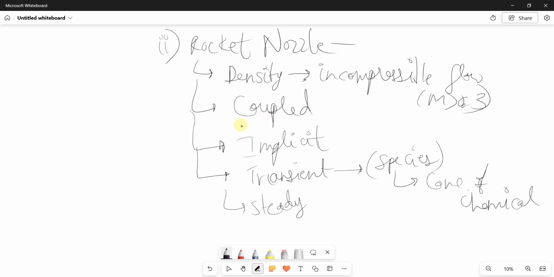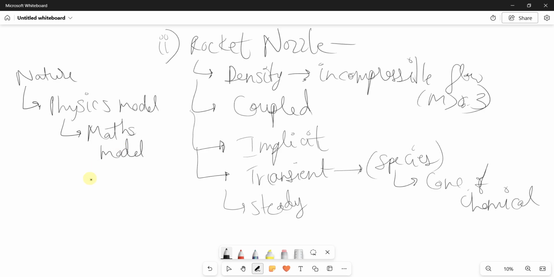Now we'll be jumping on to linear algebraic or linear equation solvers. We are done mostly with the physics modeling. As I told, you have nature, then you have physics modeling, the physics model, then you have mathematical modeling, the maths model, then you have numerical solvers, and then you get the solution, right?